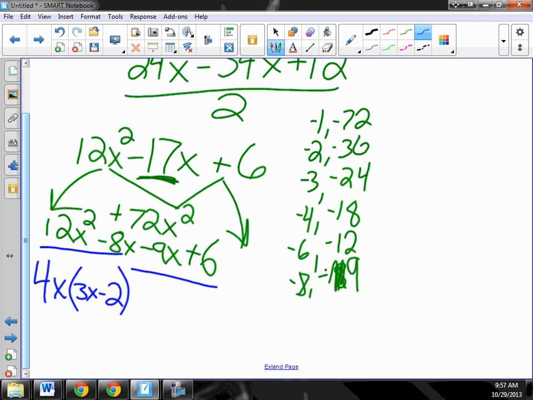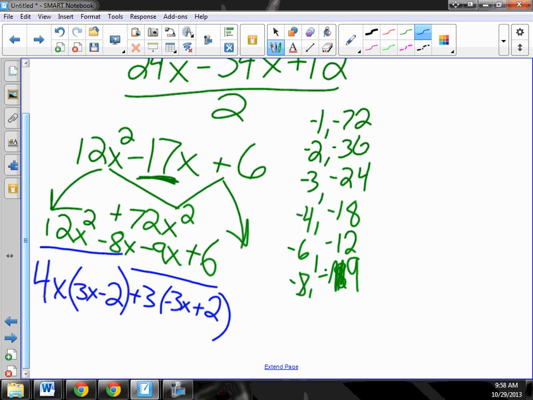So over here, what do they share? What goes into 9 and into 6? 3. So plus 3. And what's left? Negative 3x plus 2. Is that what I wanted? No, my parentheses don't match. Could I fix it so they will match?